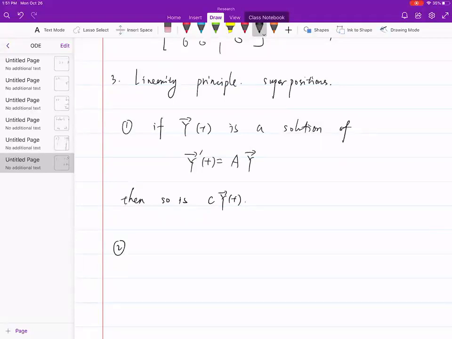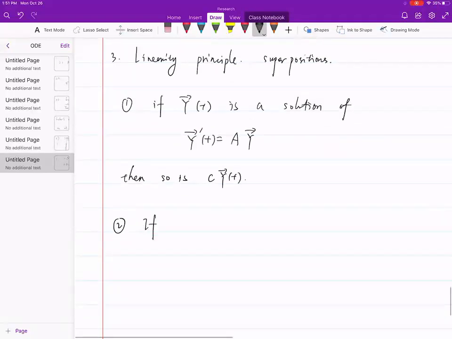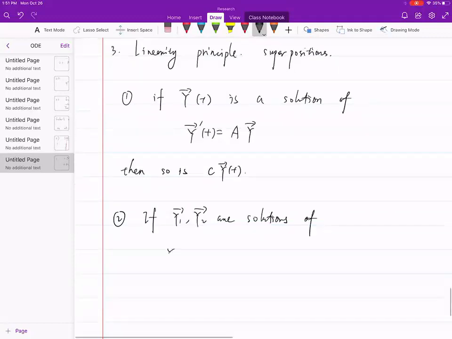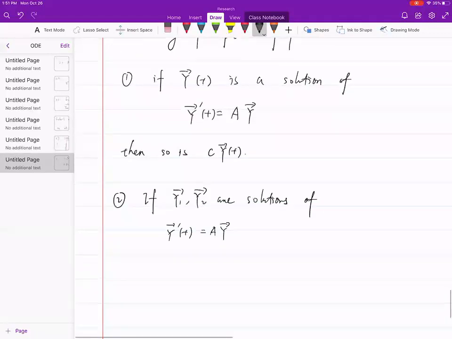Number two, if y1, y2 both are solutions, so is y1 plus y2.